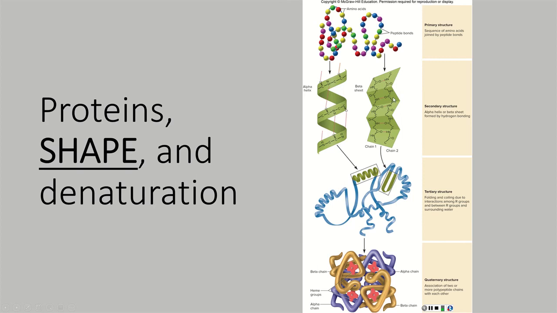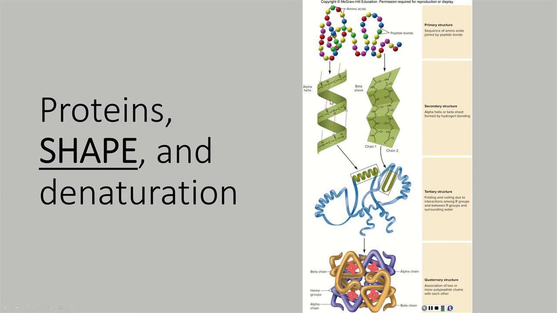Sometimes it folds back and forth like corrugated cardboard. This is called a beta pleated sheet. But based on those R groups, we get different regions that have these different structures. This is called the secondary structure. But the secondary structure is based on the primary structure, the order of amino acids.